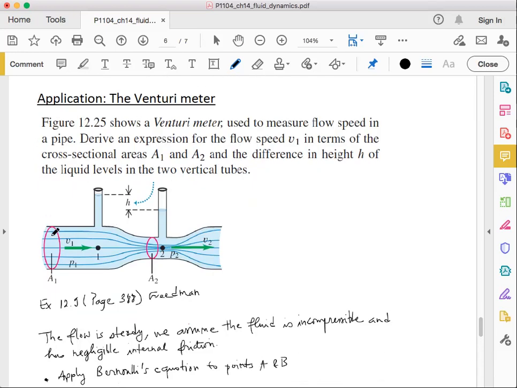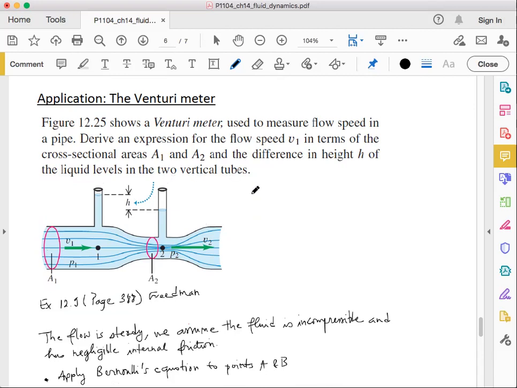So actually, this big tube is connected, or it's just open through two tubes. It's open to the atmosphere, basically. And we will see that according to the speed of the fluid inside this pipe, we will end up with different level of the fluid inside these tubes. So this represents the difference in the pressure, basically.